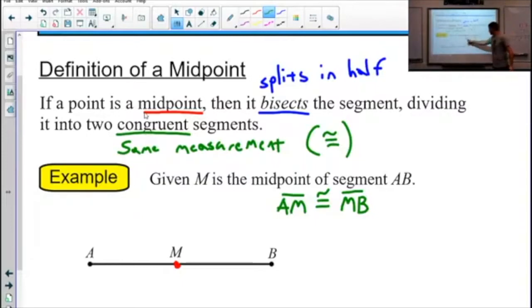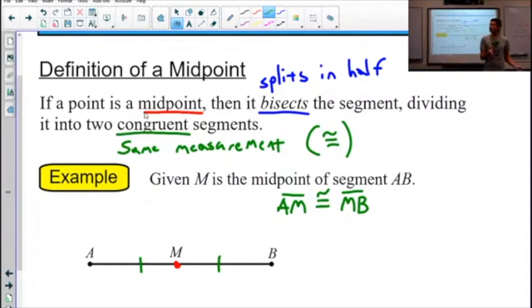So there's A to M and M to B. Those two segments are congruent, and that tells me that they have the same measurement. In the diagram, we mark that with these little tick markings right here. So tick mark there and tick mark there, to tell me that in the diagram, they measure the same.